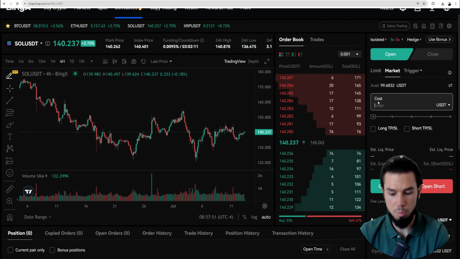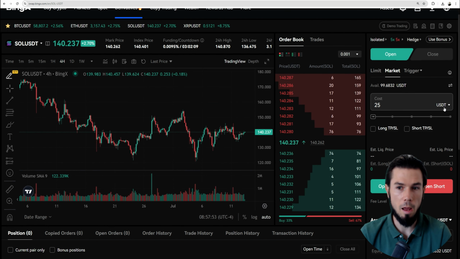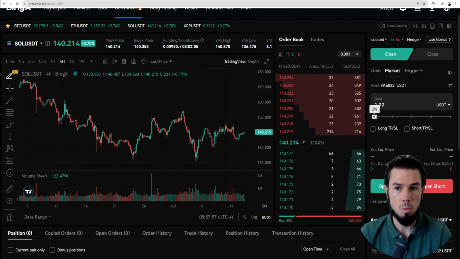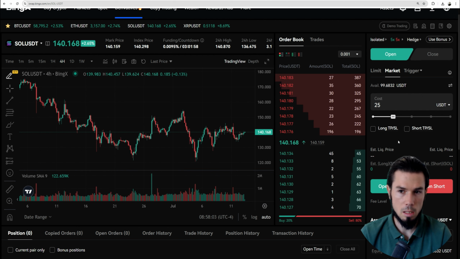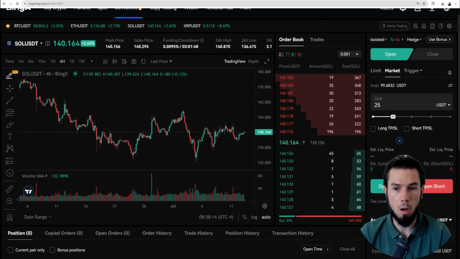For example, if I want to spend $25, then I have to do this. 25 USDT will be spent, and this is going to be my margin. Look at that, 25, just like this, simply. Then what I have to do is simply open up a long, and I'm spending 25 USDT out of my 100. 25 USDT will be the cost.